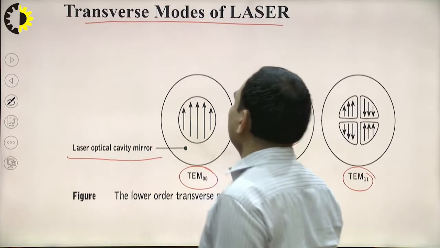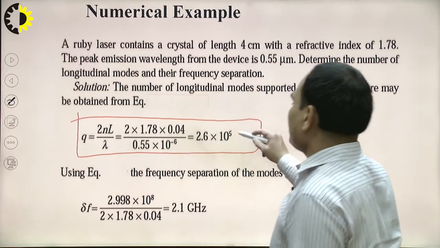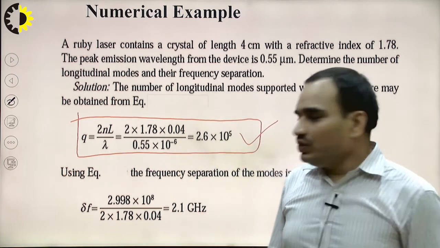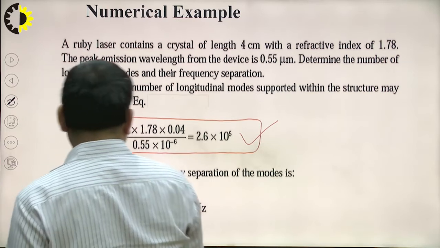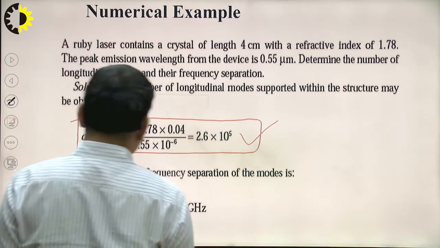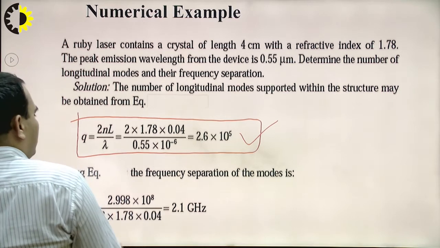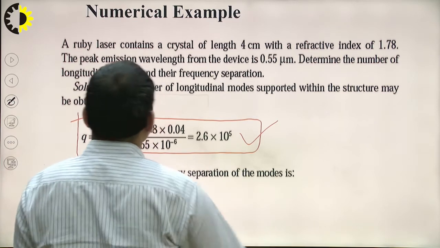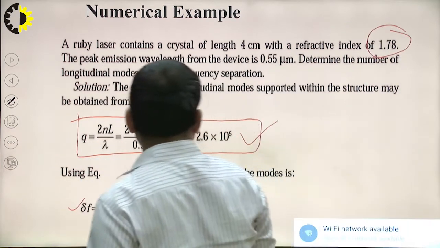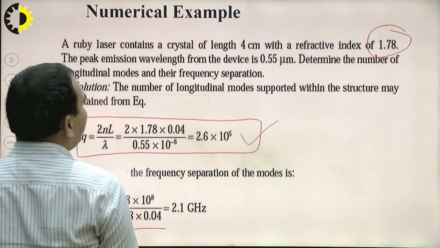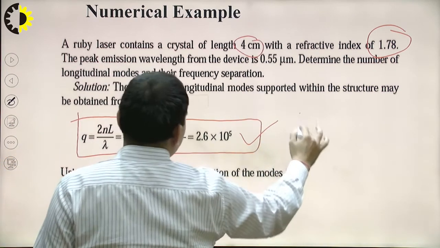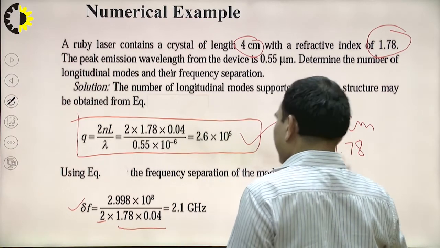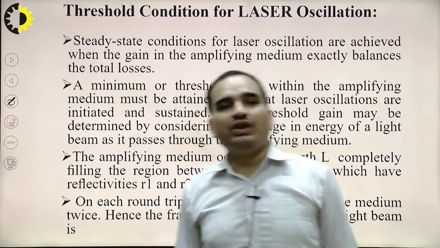The same formula is used here to solve for Q. The frequency separation of the modes, given by del f, we can calculate as 2.998 into 10 to the power 8 divided by 2 times 1.78 into 0.04, where the refractive index n is 1.78, the length of the crystal capital L is 4 centimeters, and small n is 1.78. We get 2.1 gigahertz.